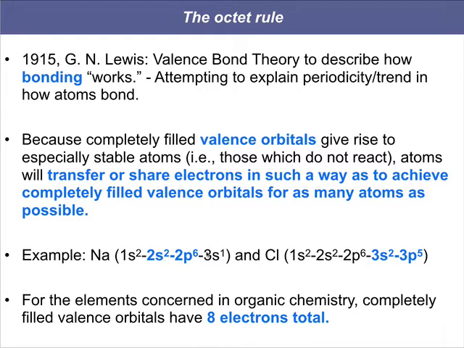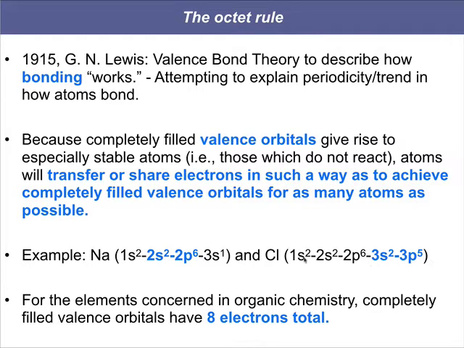So the idea that sodium will give up one of its electrons, its outermost electron from the 3s, and transfer it to chlorine means that sodium ion, Na+, will have a full second shell, and chloride ion, Cl-, will have a filled third shell.